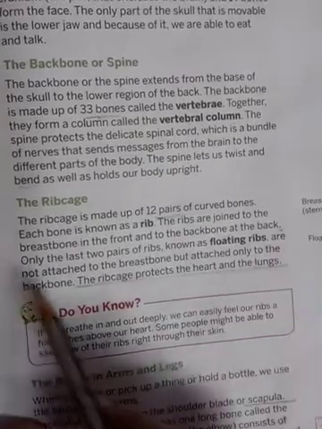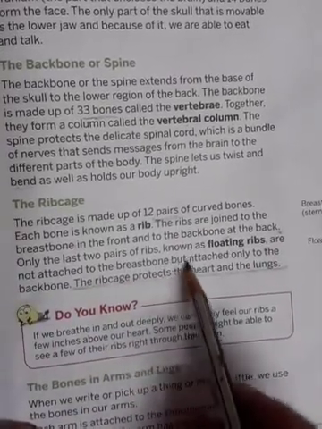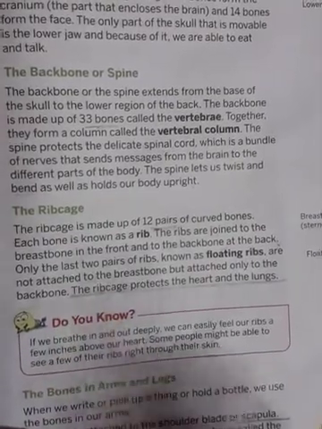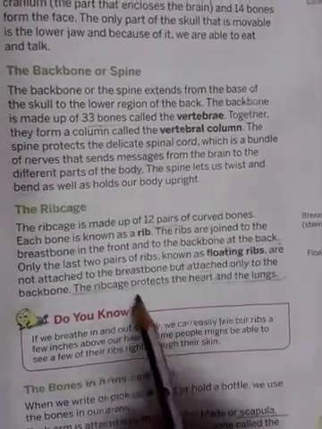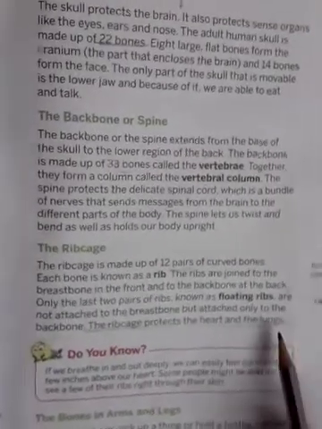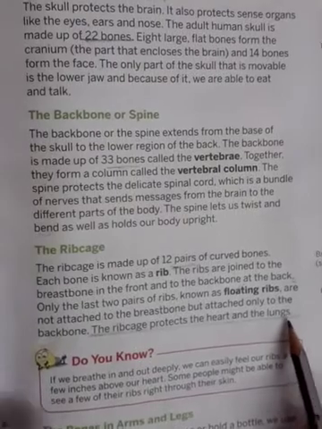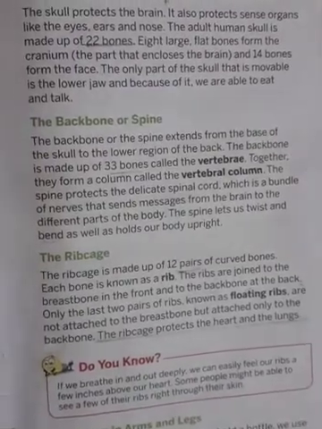The floating ribs are not attached to the breastbone, but they are attached to the backbone. The rib cage protects the heart and the lungs. The two internal organs that the rib cage protects are the heart and the lungs.